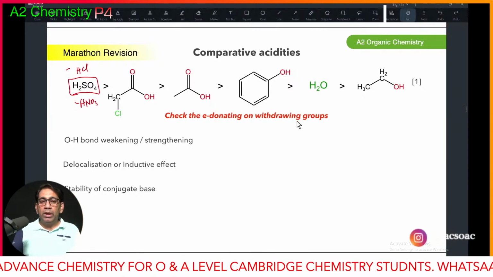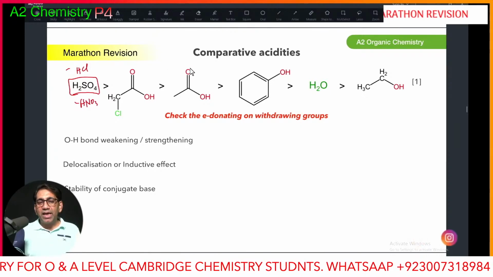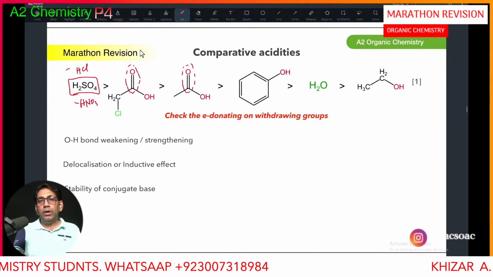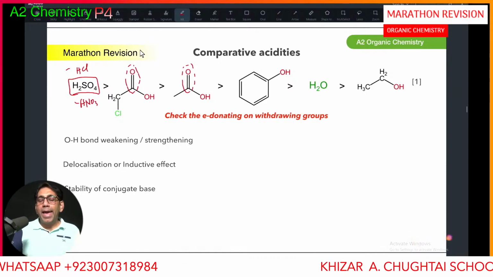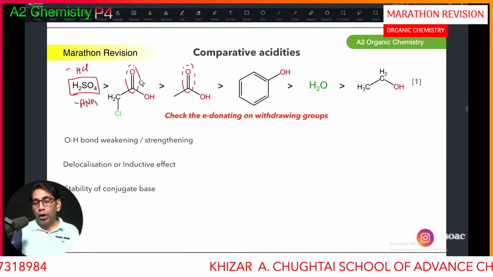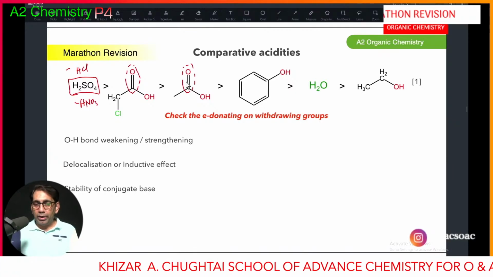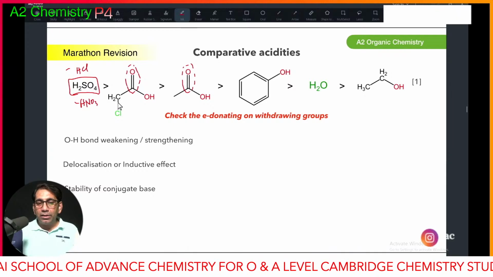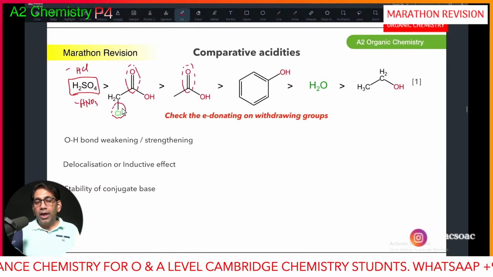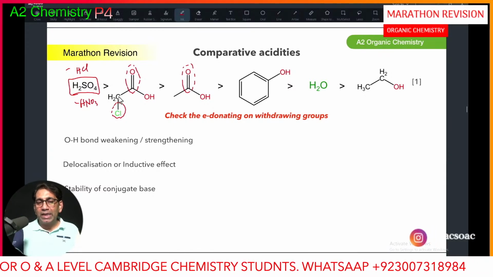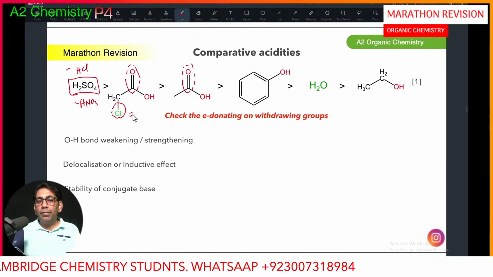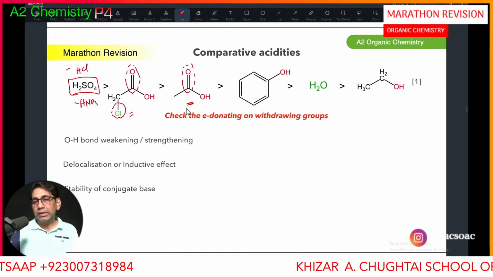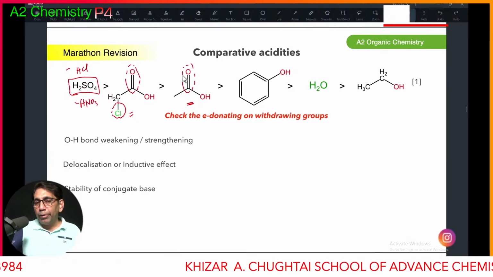Then number 2, see which acid has the C double bond O group. It will be the stronger acid. In addition to that, check whether Cl is present or not. If any halo group is present on the next carbon atom, then it will be stronger than a normal carboxylic acid.